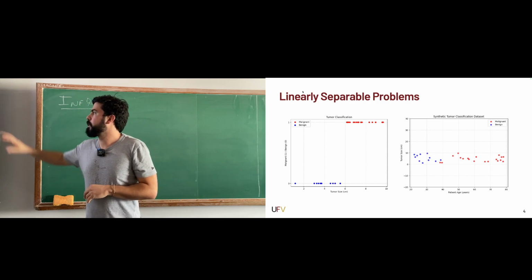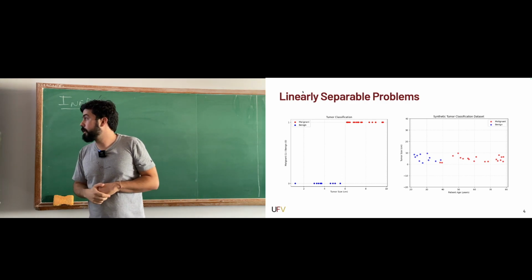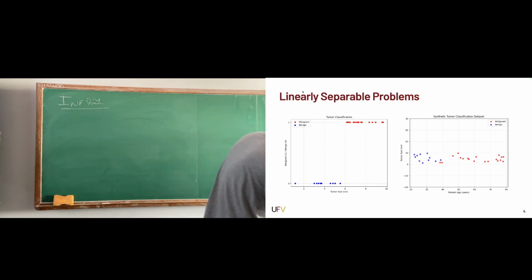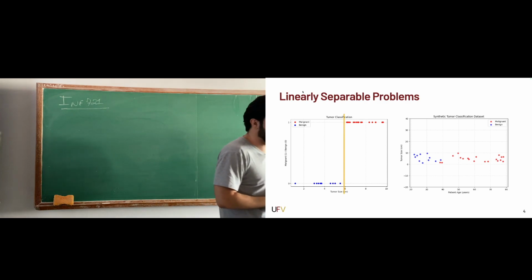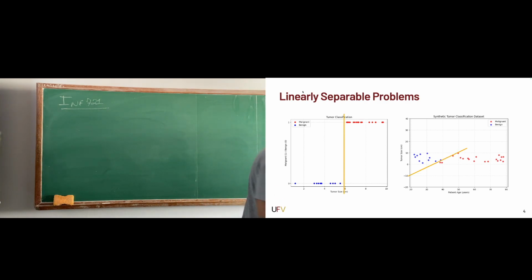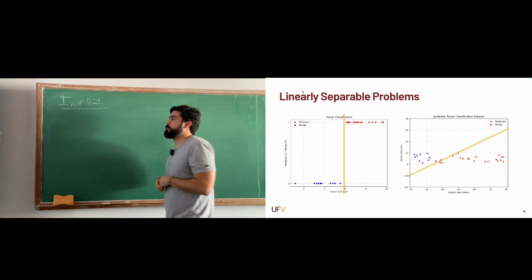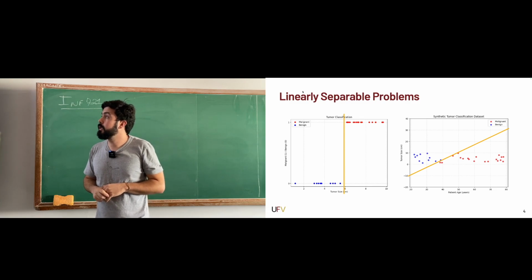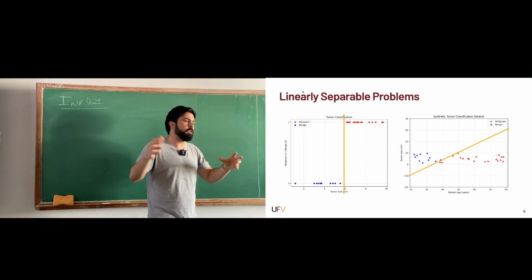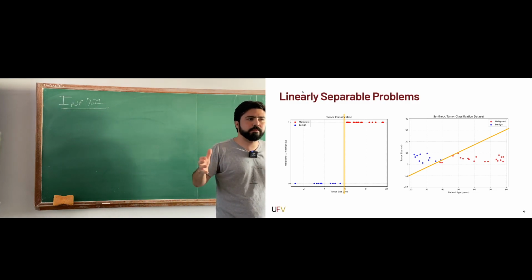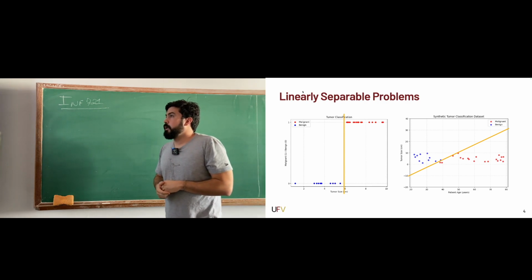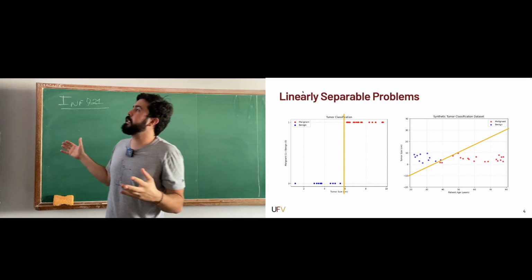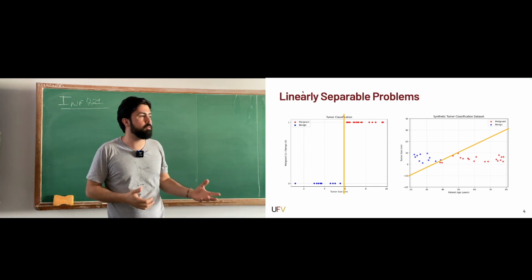for these examples. But in both cases, these problems are linearly separable, which means there is a line that splits the data points into 0 or 1, or negative, positive examples, okay? And if your problem looks like this, you can use linear models to solve them.